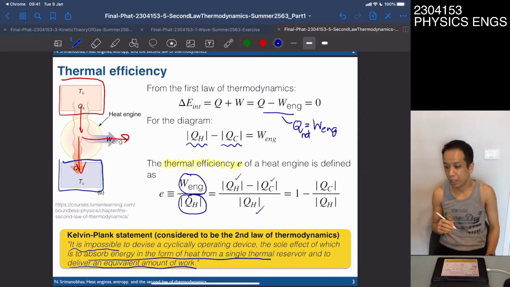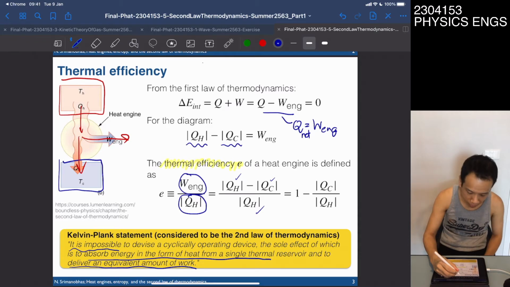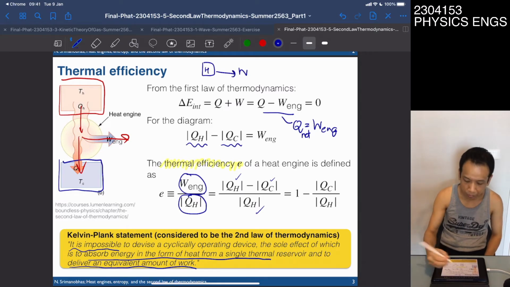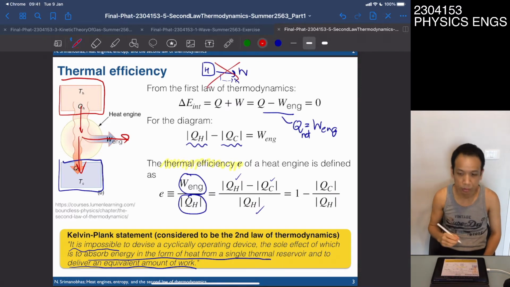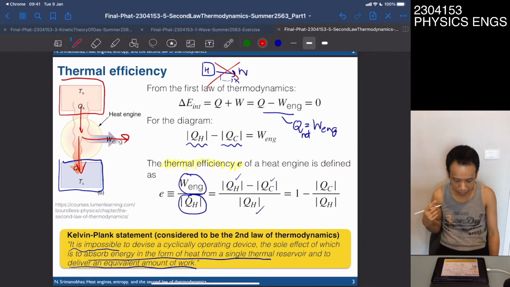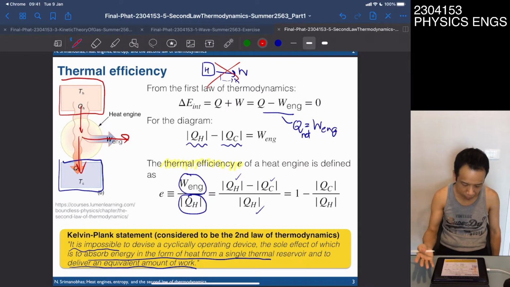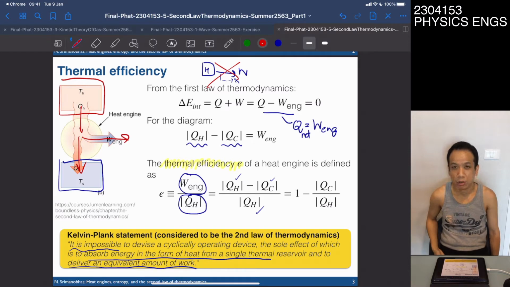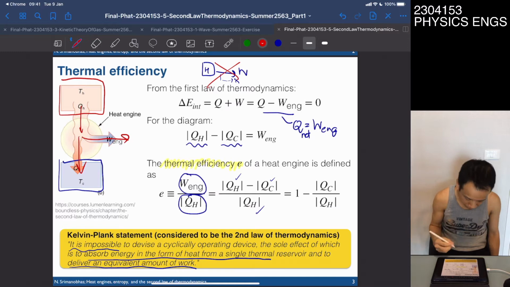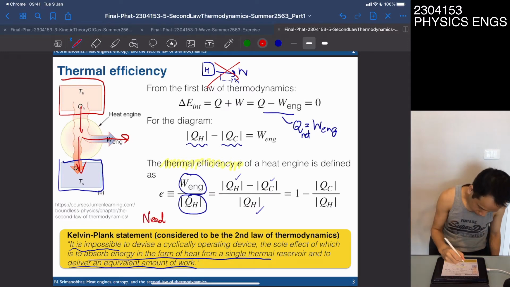It's not possible that the hot reservoir provides all the work and nothing else. You always have to have heat out to the cold reservoir. So you need at least 2 reservoirs.